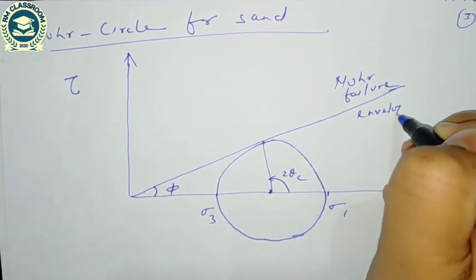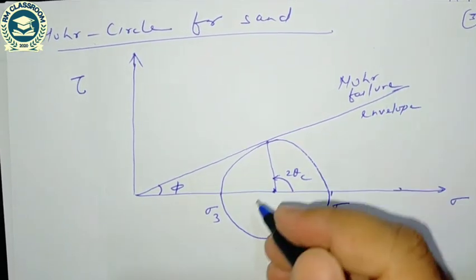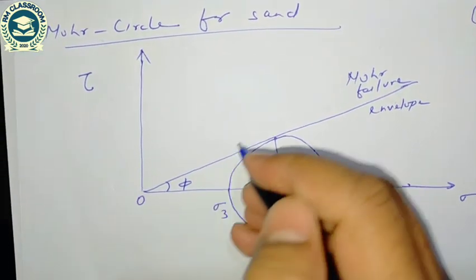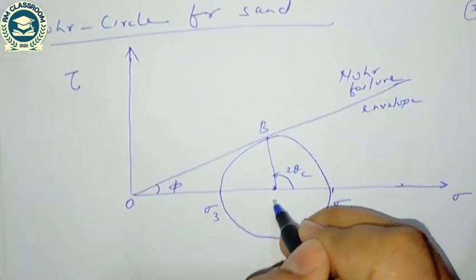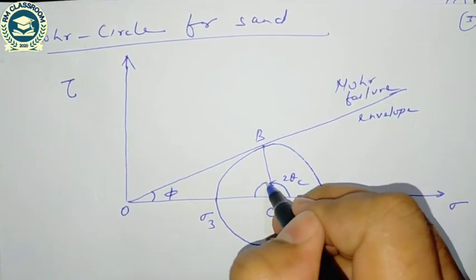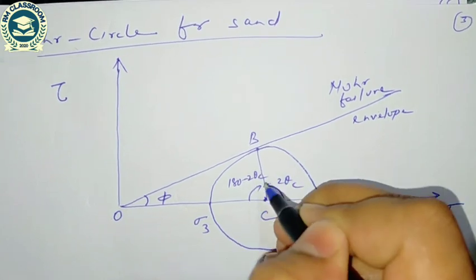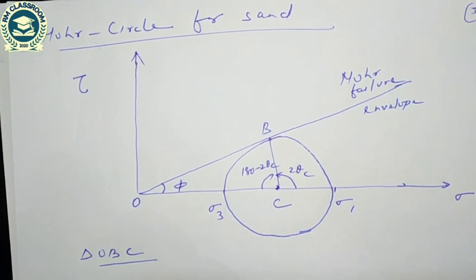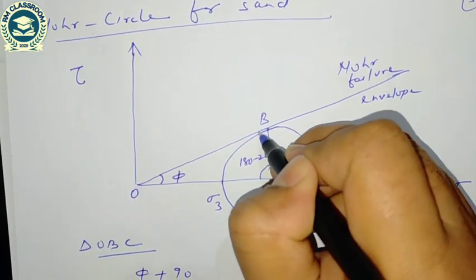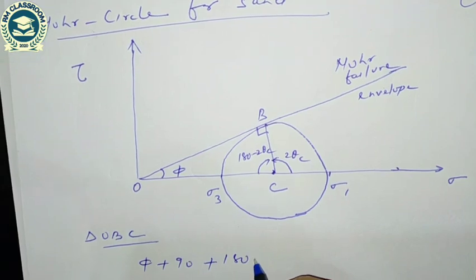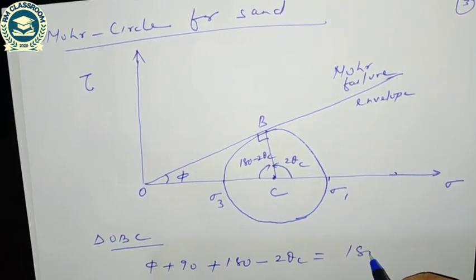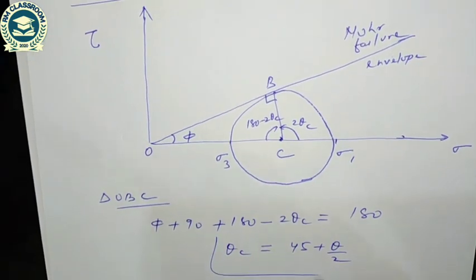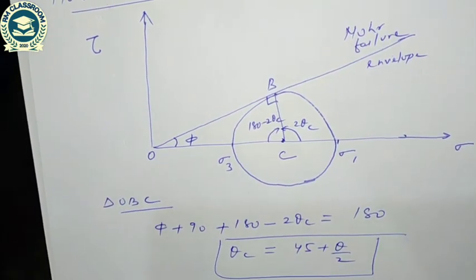I will discuss in the subsequent class what the Mohr failure envelope is. So in triangle OBC, if this is 2 theta c, then this value is 180 minus 2 theta c. So phi plus 90 degree, this angle is 90, plus 180 minus 2 theta c is equal to 180. So theta c is equal to 45 plus phi by 2. So the critical angle is 45 plus phi by 2.